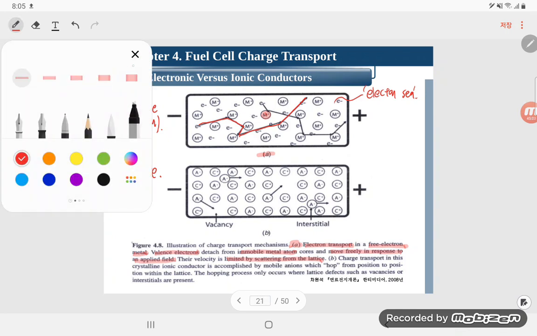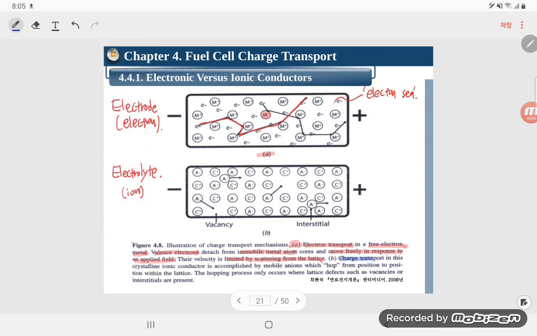And the second one is the ion transport. In a crystalline ionic conductor, conduction is accomplished by a mobile ion, which hops, jumping from position to position within the lattice. The hopping process only occurs where lattice defects such as vacancies or interstitials are present.